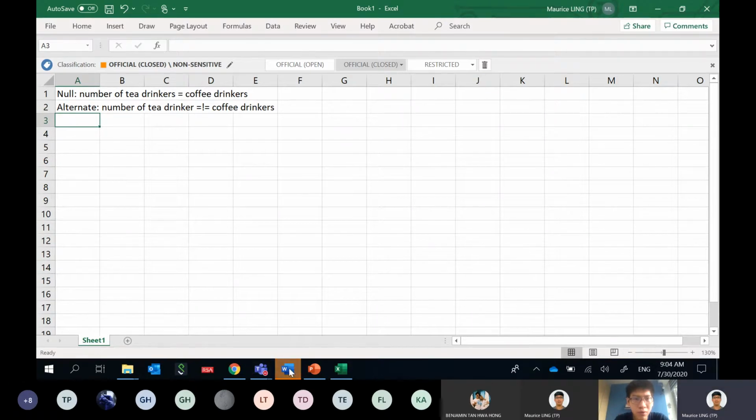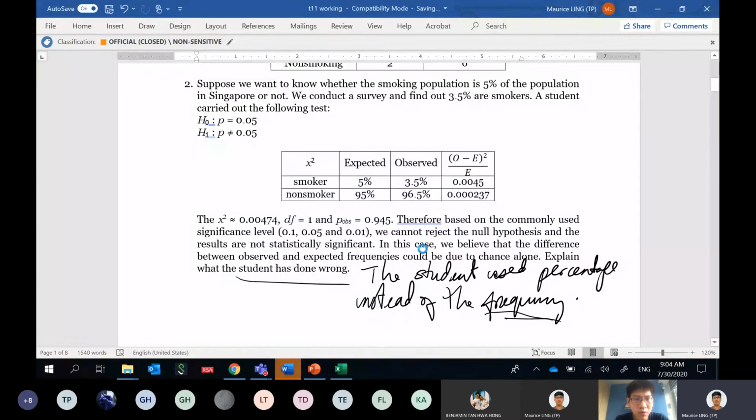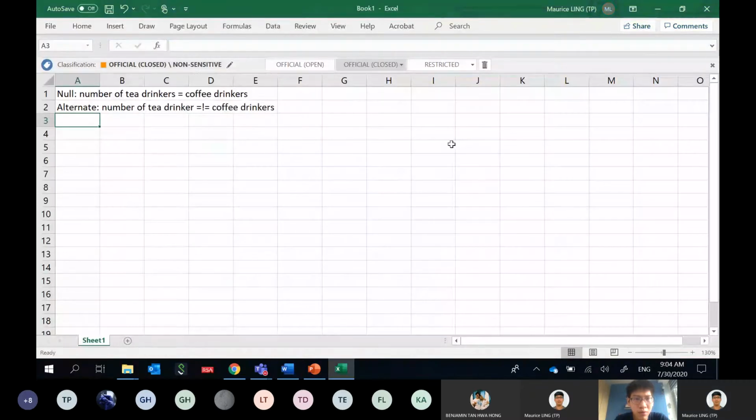What I have is tea drinkers and coffee drinkers.